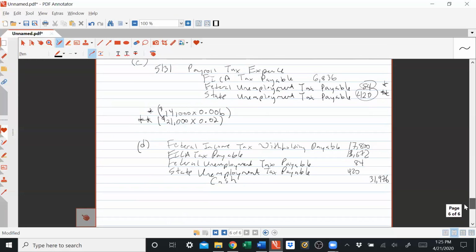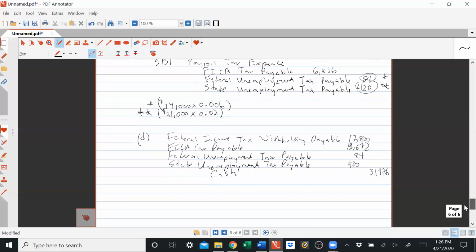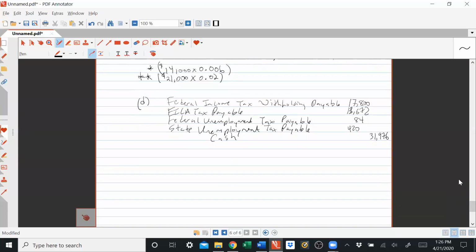It's not too bad, really. There's essentially 4 things the employer has to give to the government, whether on the employee's behalf or on their own behalf: employees' income taxes, employee and employer FICA taxes, employer federal unemployment taxes, and employer state unemployment taxes. There's 4 categories.